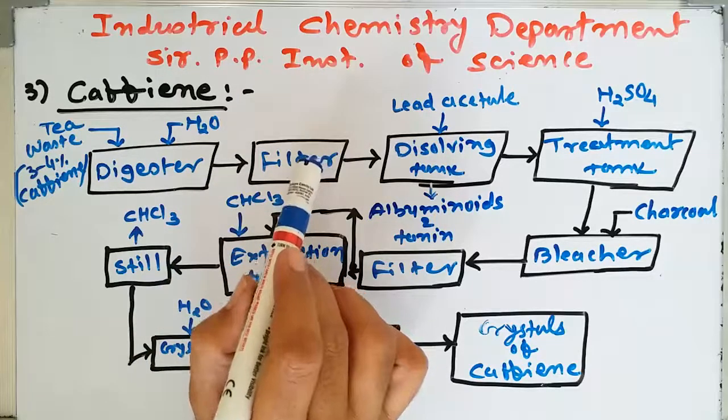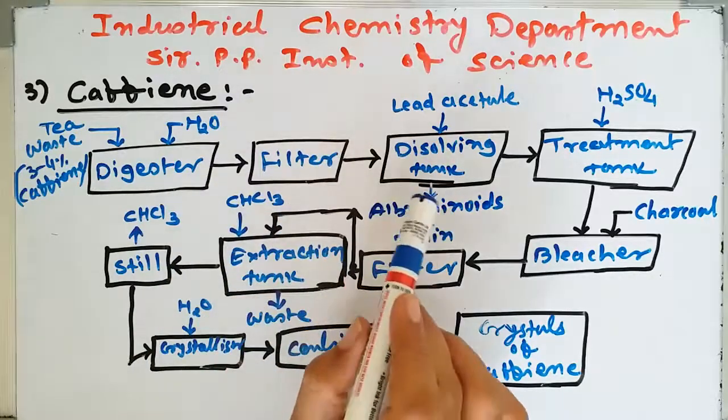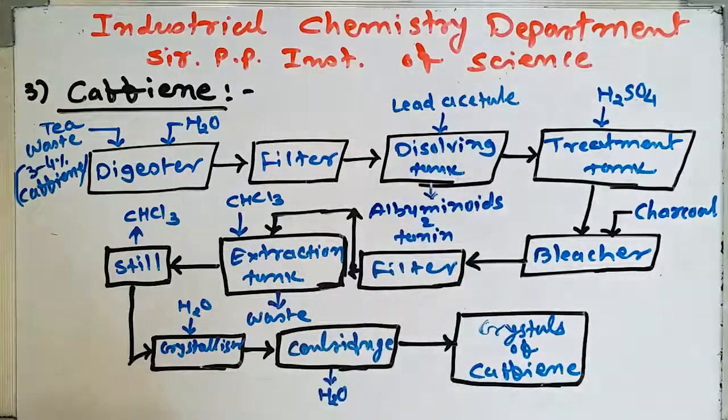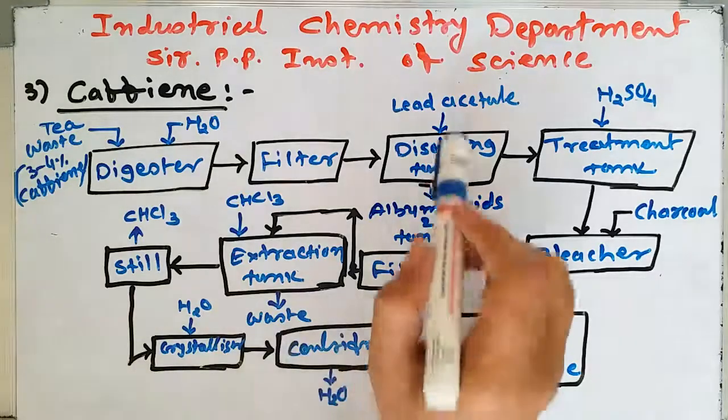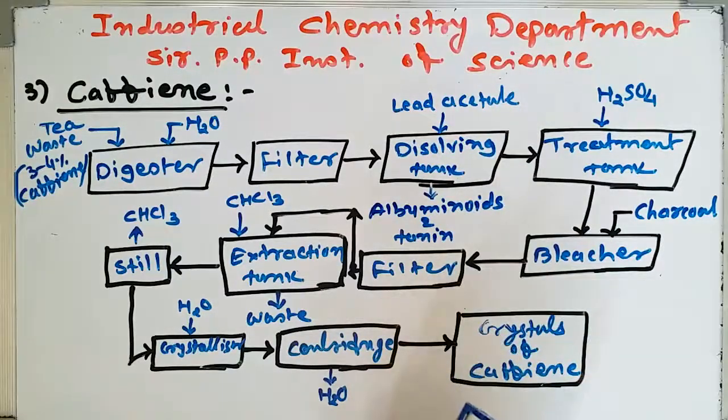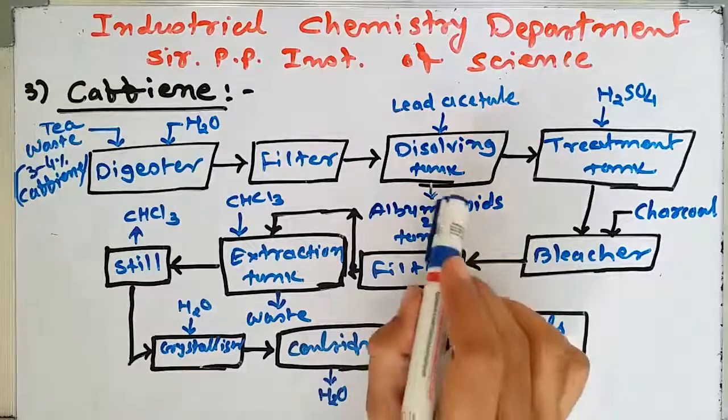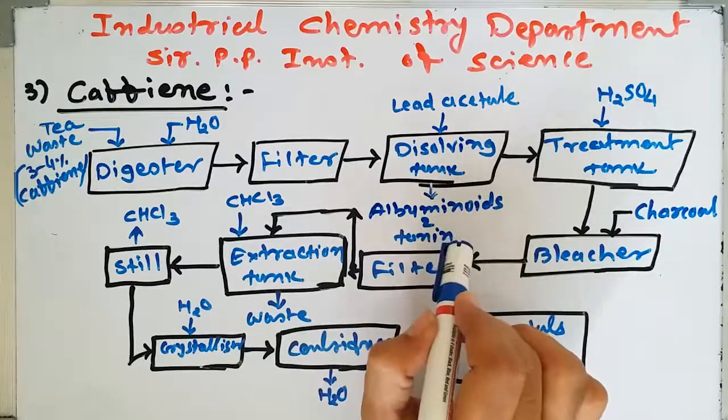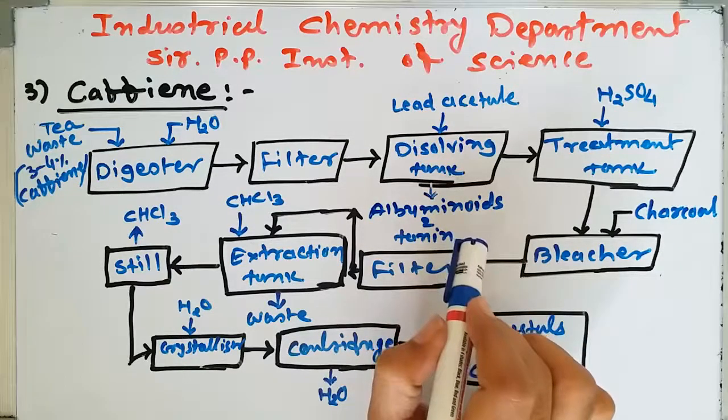The hot filtrate is treated with basic lead acetate. In the dissolving tank, the hot filtrate from the digester is treated with a basic alkaline solution of lead acetate. So albuminoid and tannin are precipitated out.